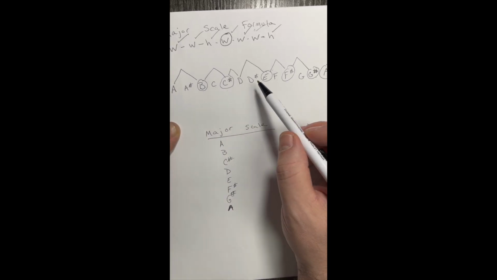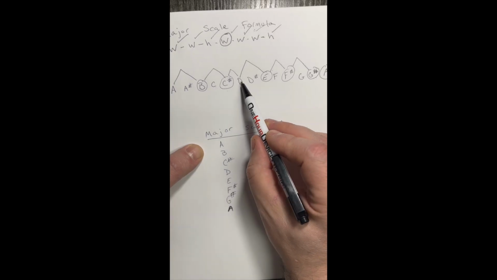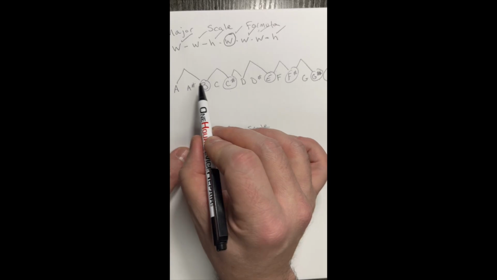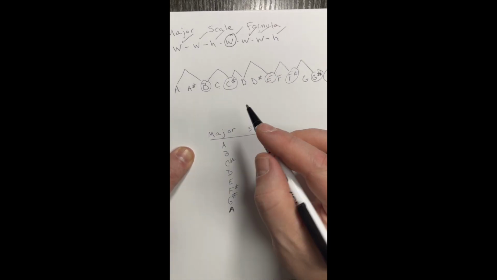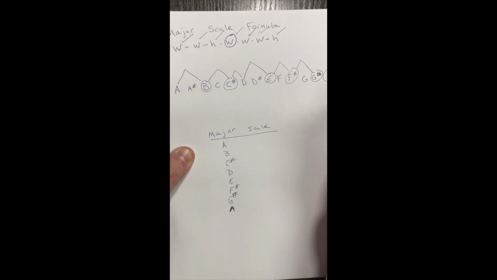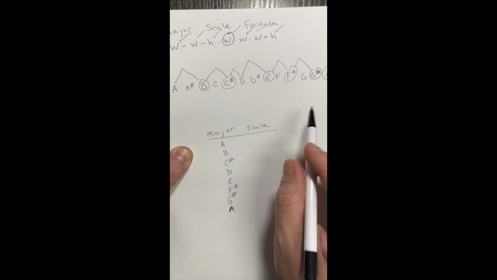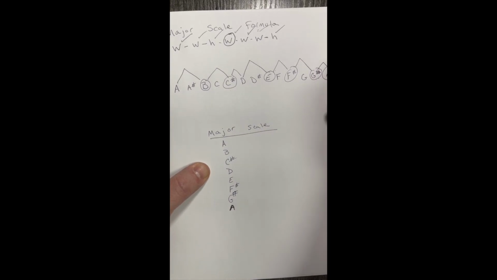So if you want to figure out what notes are in the D major scale, start your chromatic scale from the letter D, write it all out just like I did, and then apply this formula. If you get to the end of the formula and you've got something other than D, you know you've made a mistake somewhere. So this half step takes us to A, and that's exactly what we want.